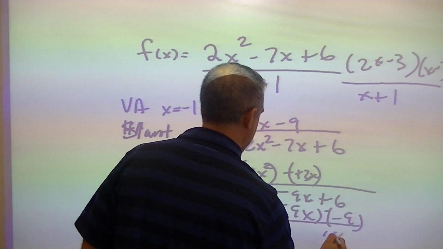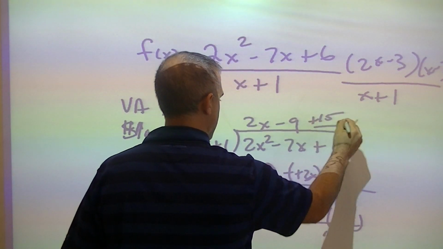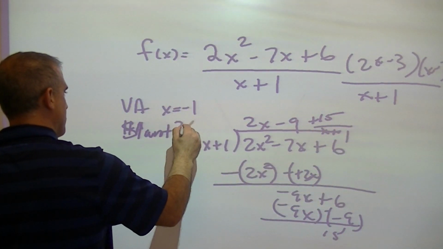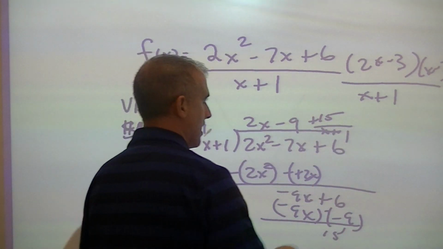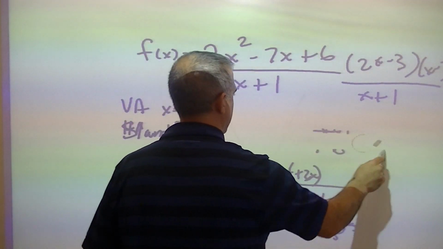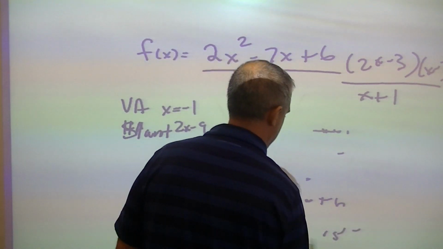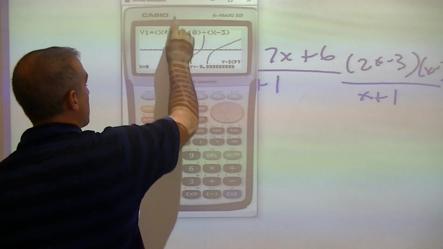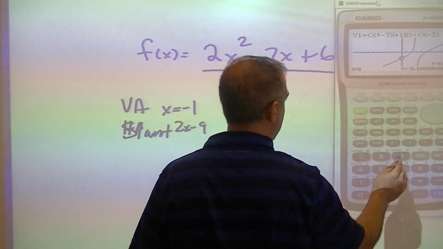It ends up being 15, over x plus 1. So my slant asymptote will be 2x minus 9. I can graph it, help me find the other stuff too.